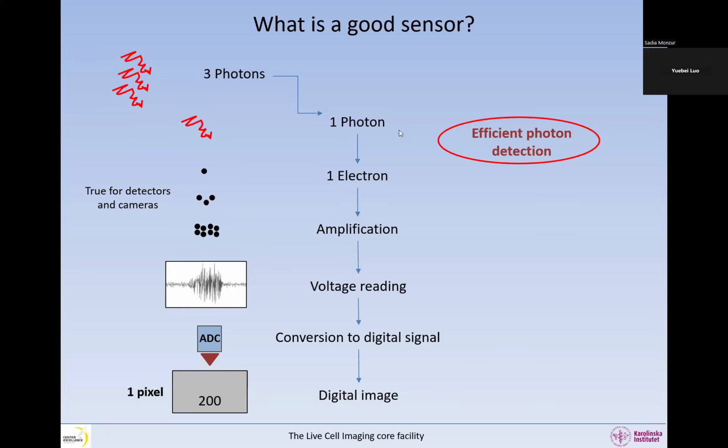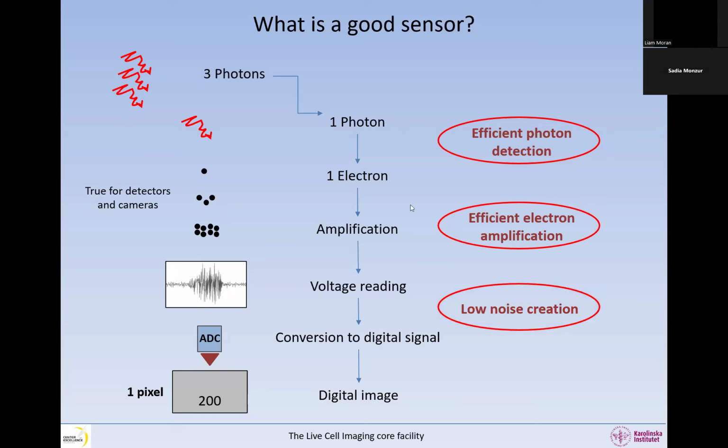So what do we want? What would be a good sensor? A good sensor could be something that has an efficient photon detection. So it means that if we have 3 photons that come in, we would like it to feel that there's 3 photons and generate 3 electrons instead of having just 1. Another one would be we would want to have a lot of amplification so that we can detect even the very minute intensities, and we amplify them a lot, and therefore we can detect them.